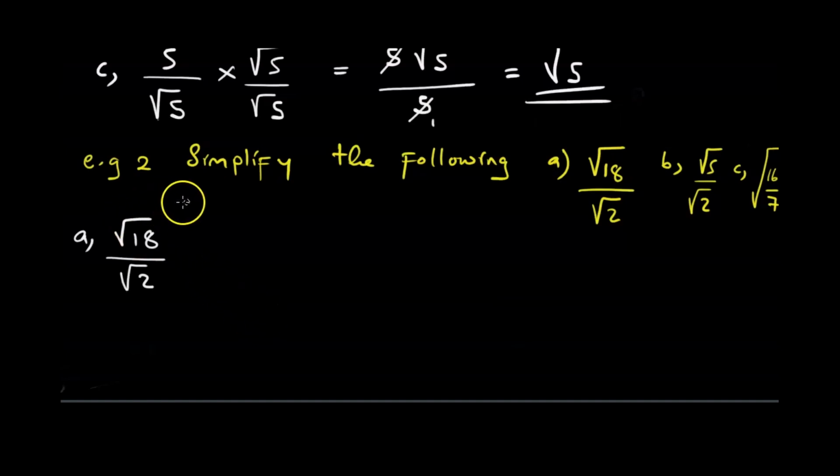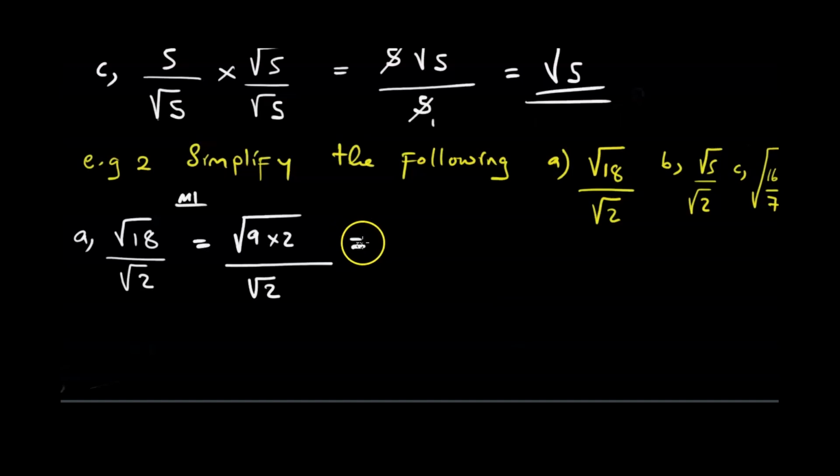Here we are going to have many methods. Let me call this method number 1. Above, it's the square root of 9 times 2 over the square root of 2. Then I simplify the top: it becomes 3 times the square root of 2 over the square root of 2.